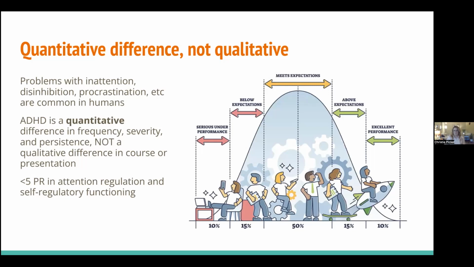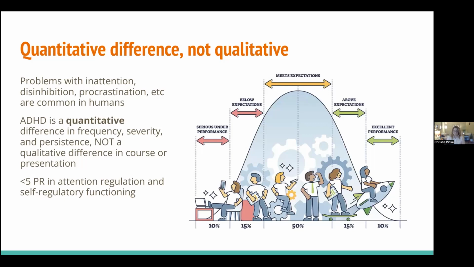Again, that developmental piece: kids are hyperactive, kids are impulsive, kids are distractible. A kid with ADHD is more so, and doesn't grow out of it as fast, typically. It is not a qualitative difference in course or presentation. These things look the same as they do for other humans, and occur on relatively the same timeline, just a little delayed, more severe, right? And it should be a noticeable difference.